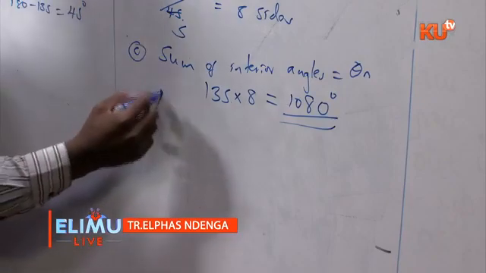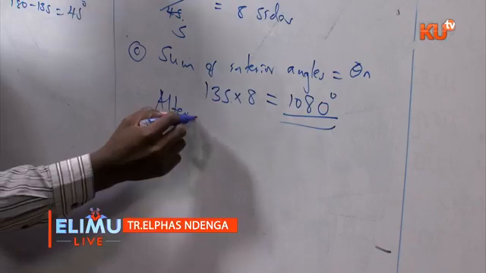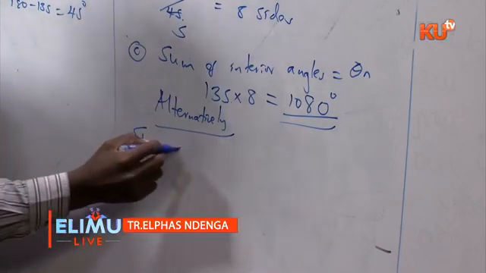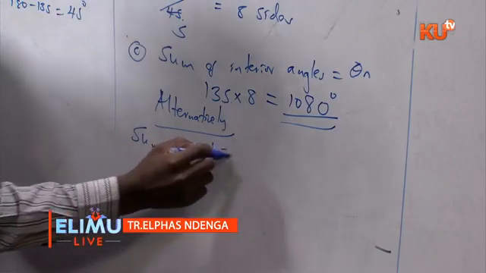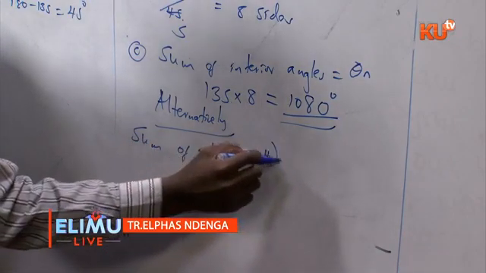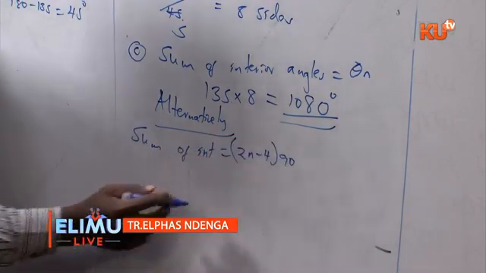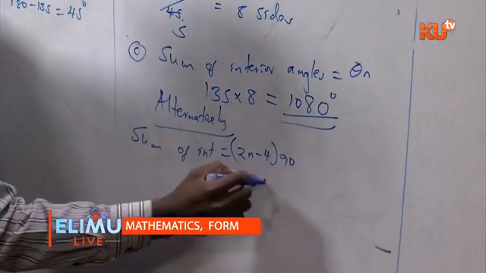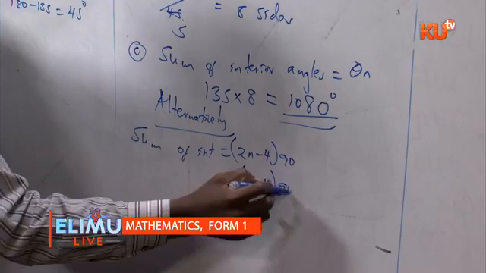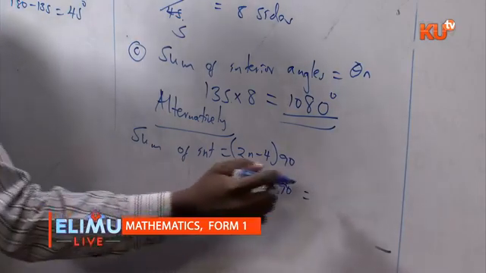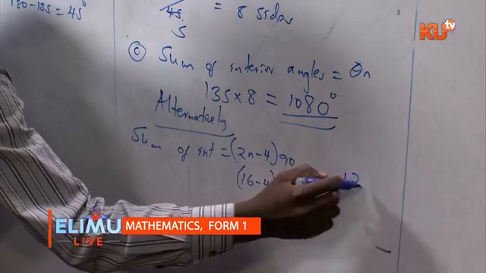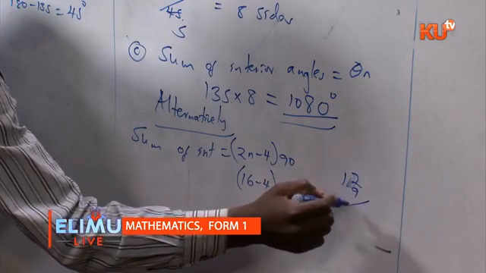Alternatively, if you don't want to apply that formula, you will still say that the sum of interior angles is twice n less 4, times 90. Since n is 8, that means 16 less 4 times 90. And that should give us 14, not 14, but 12 times 90.